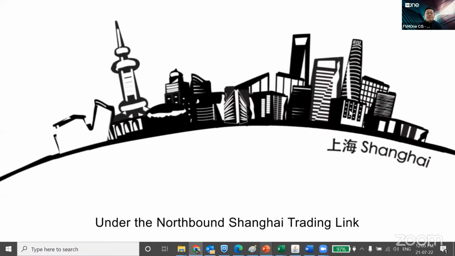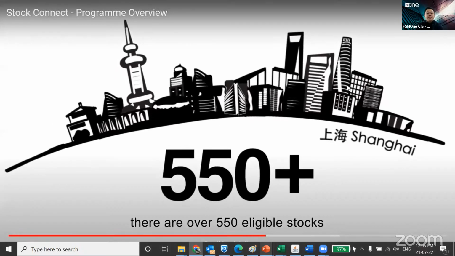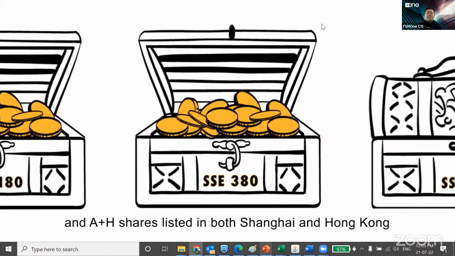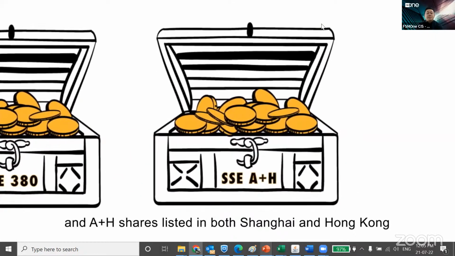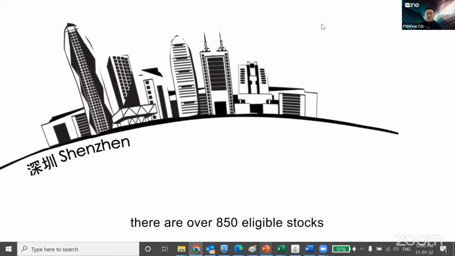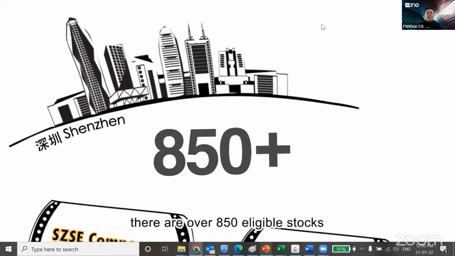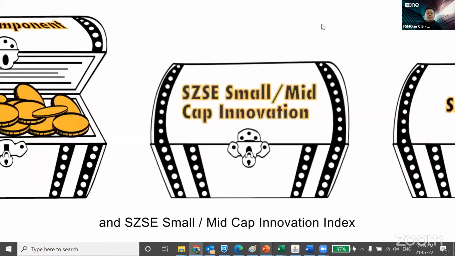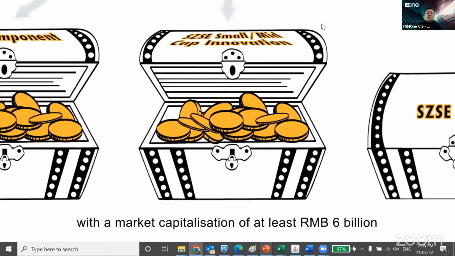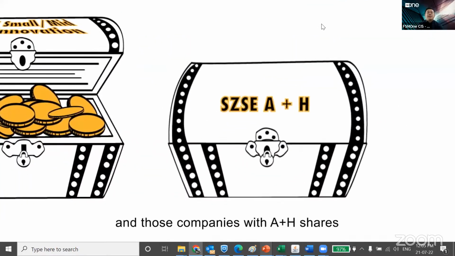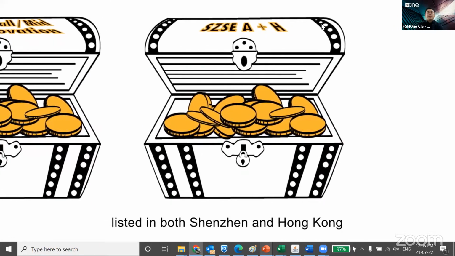Under the northbound Shanghai trading link, there are over 550 eligible stocks, which include constituents of the SSE 180 and SSE 380 indices, and A and H shares listed in both Shanghai and Hong Kong. For the northbound Shenzhen trading link, there are over 850 eligible stocks, which cover constituents of the SZSE Component Index and SZSE Small Mid-Cap Innovation Index with a market capitalization of at least 6 billion renminbi, and those companies with A and H shares listed in both Shenzhen and Hong Kong.